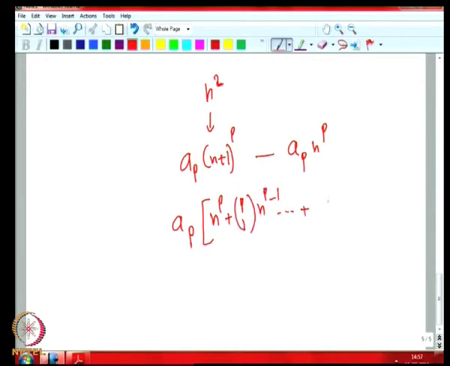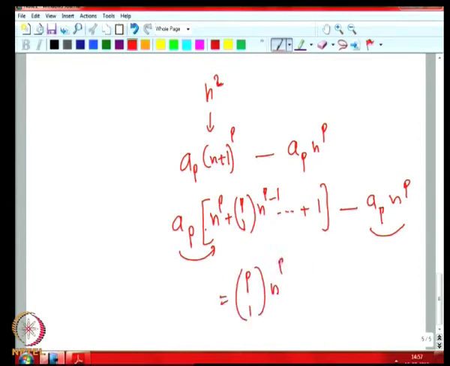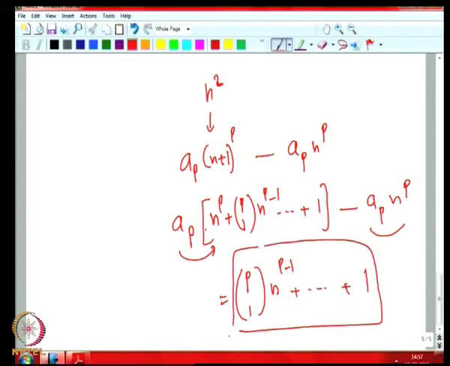So finally 1, minus ap into n raised to p. Here the ap into n raised to p and the minus ap into n raised to p will cancel. We will end up with p choose 1 n raised to p minus 1 plus, and so on, finally 1. So we only have terms involving n raised to p minus 1 or less in this difference.